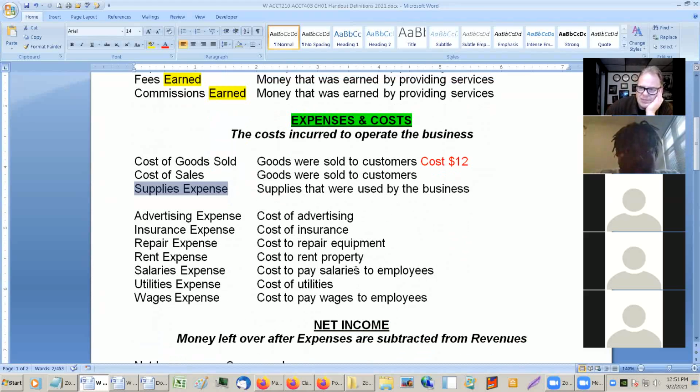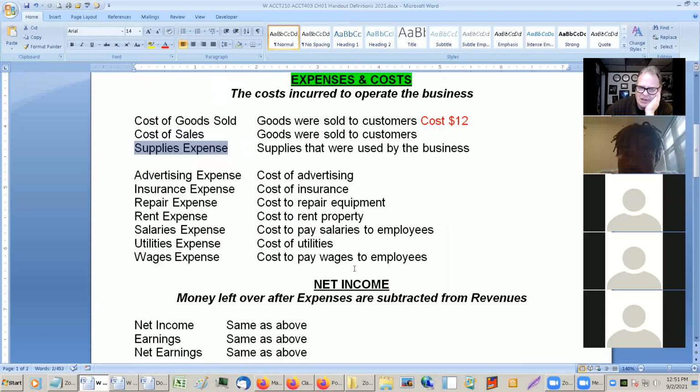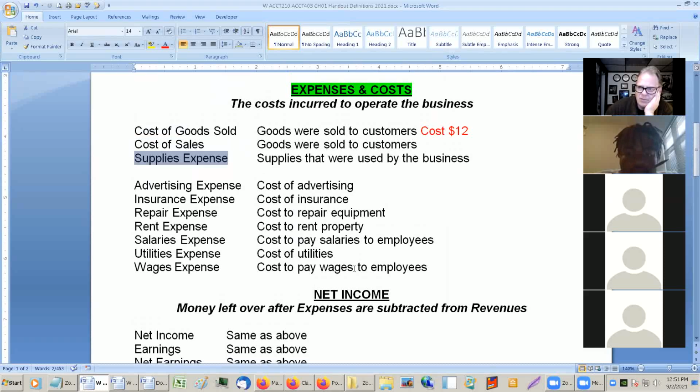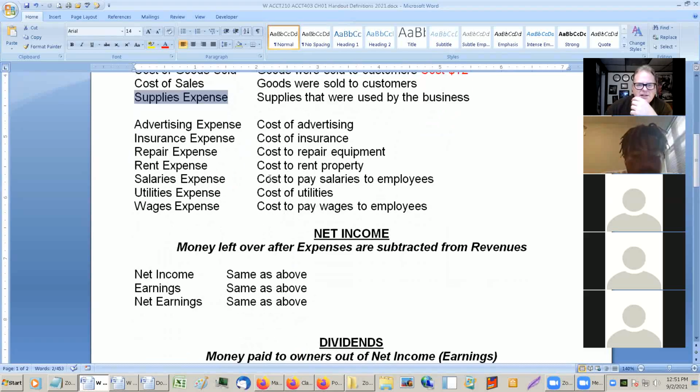Okay, and expenses are really anything basically that you pay money for as a business. And I realized I left one off here that I thought I had in: tax expense. But anyway, you guys get the idea.